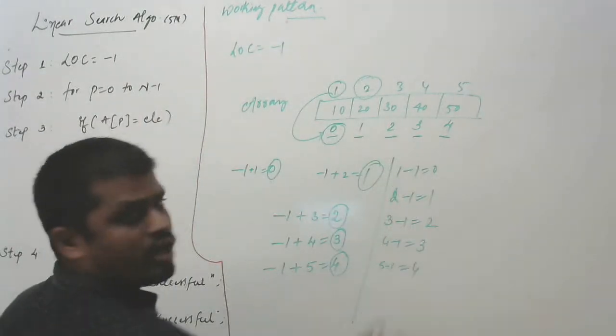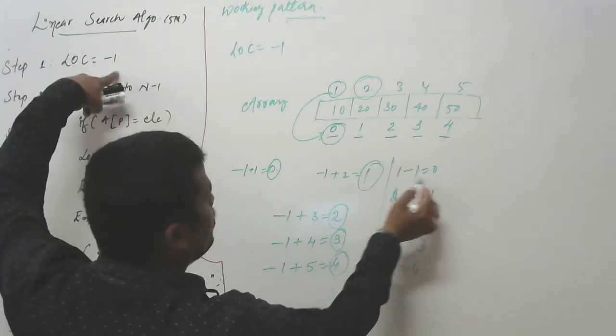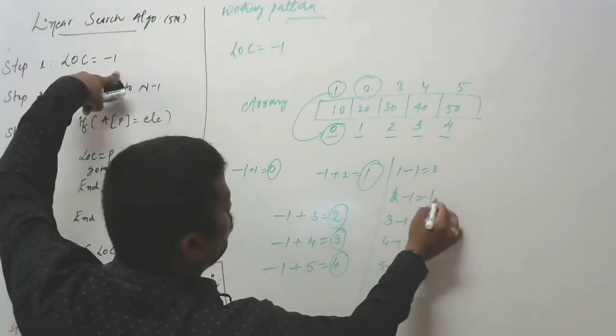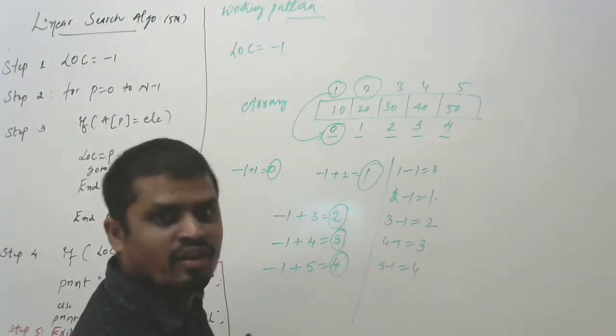In the right hand column, I have considered these elements first: 1 minus 1, 0. 2 minus 1, 1. 3 minus 1, 2. 4 minus 1, 3. 5 minus 1 is 4.